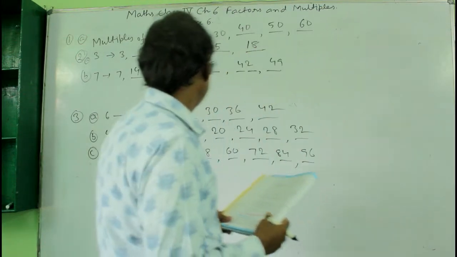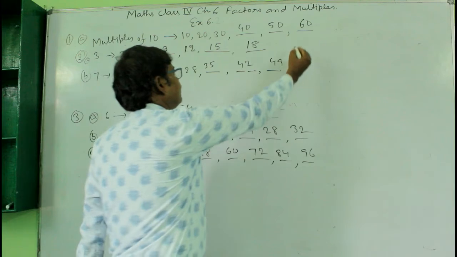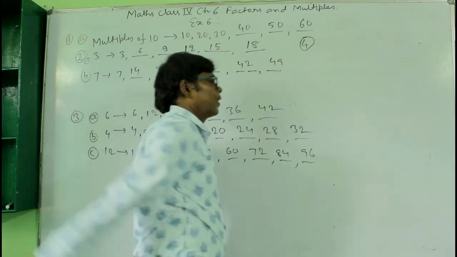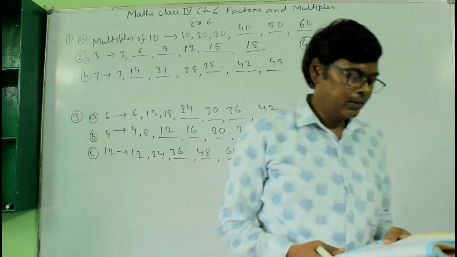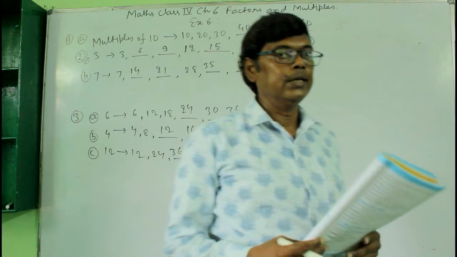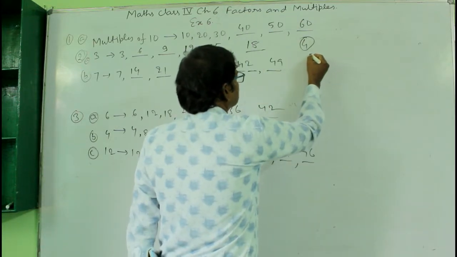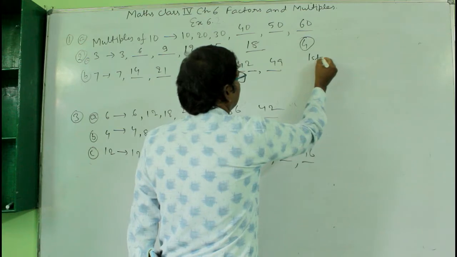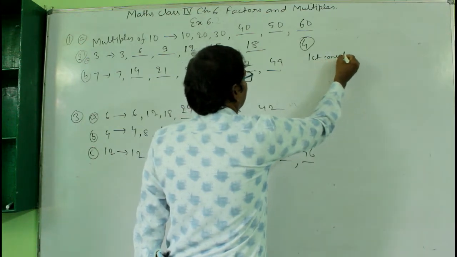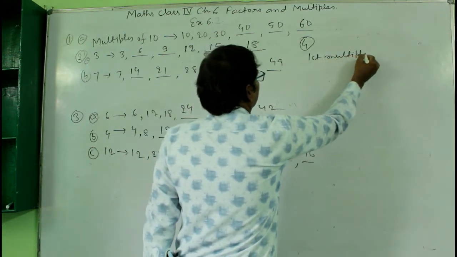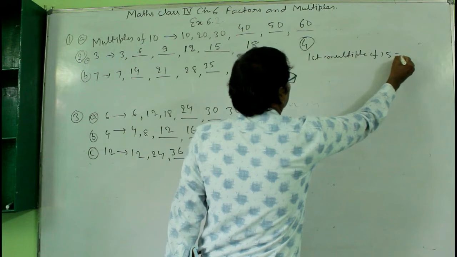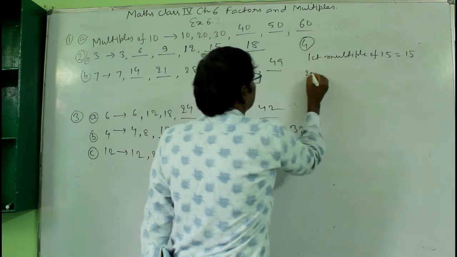Now question number 4. In question number 4, write the first 5 multiples of 15. Okay, first 5 multiples of 15. So first multiple of 15 equals 15.